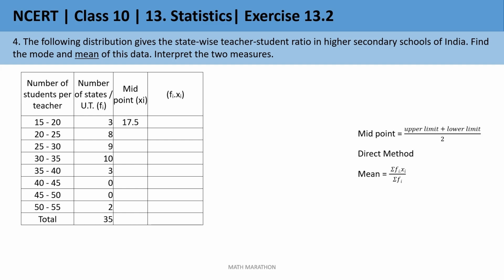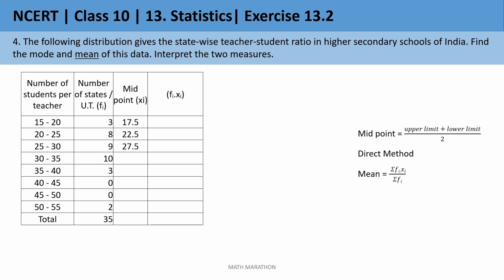Now, let us calculate midpoint. 20 plus 15 is 35. 35 divided by 2 is 17.5. 25 plus 20 is 45. 45 divided by 2 is 22.5.